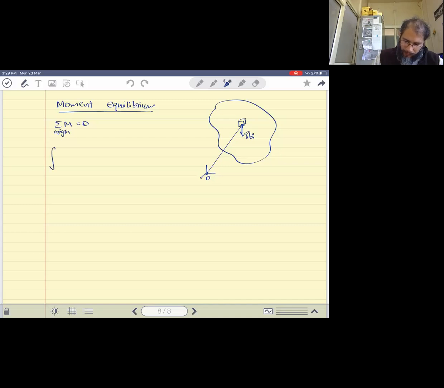So I can write that as, and then we also have the surface force creating some torque. And this is equal to 0.